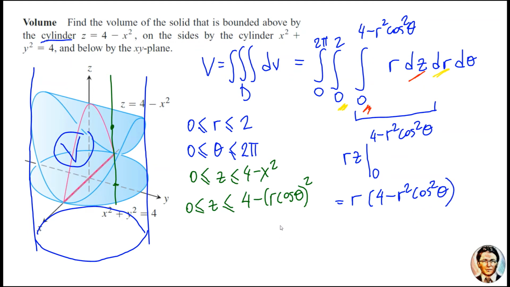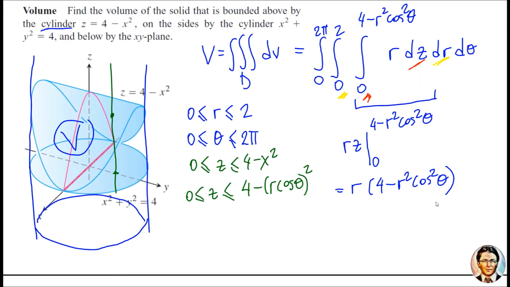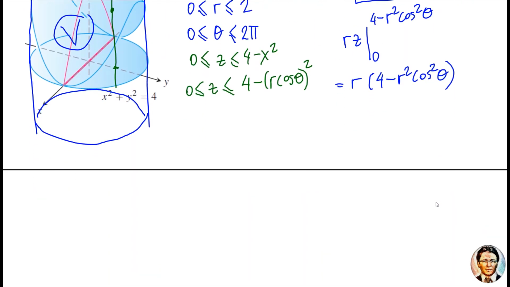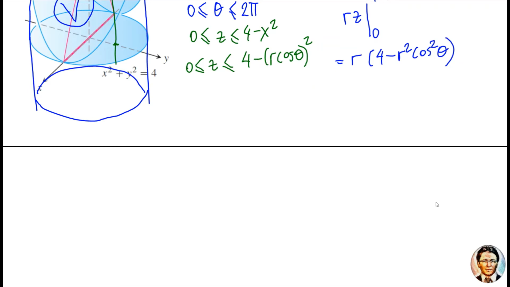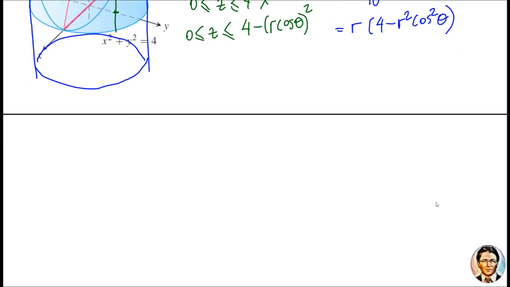If we move out, then it is going to be 0 to 2. Let me expand: 4r minus r times r squared is r cubed cosine square theta dr. This is the second integral that we have to calculate.